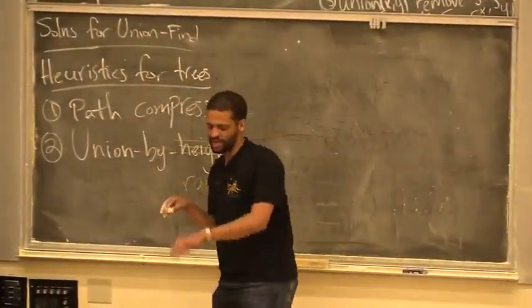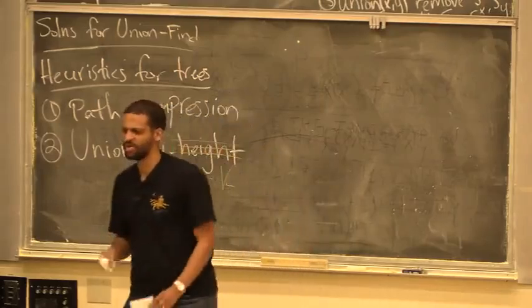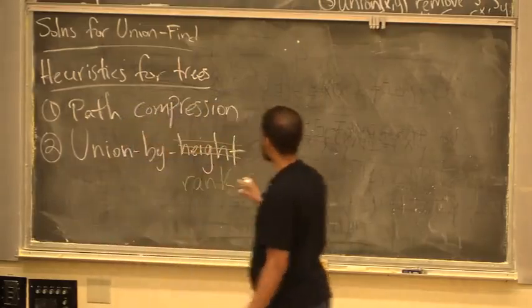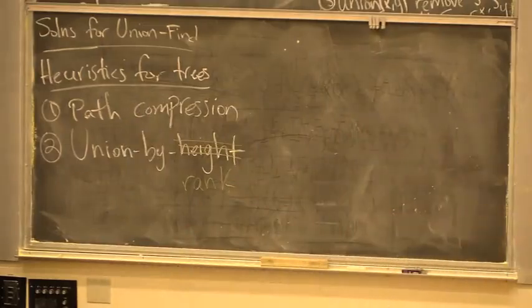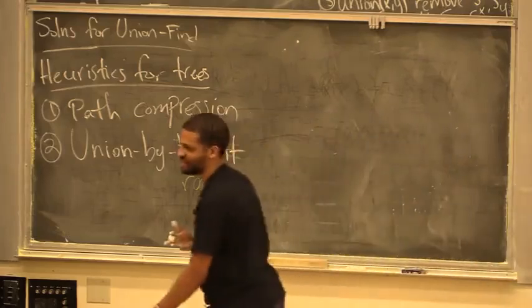So maybe now I'll write some pseudocode down. I know that people have seen this data structure before in 61B, so I don't want to spend too much time on the pseudocode, but I do want to write it down just to make sure we're all on the same page.